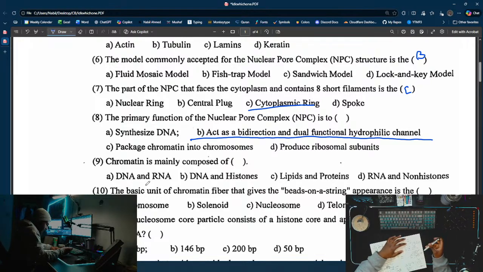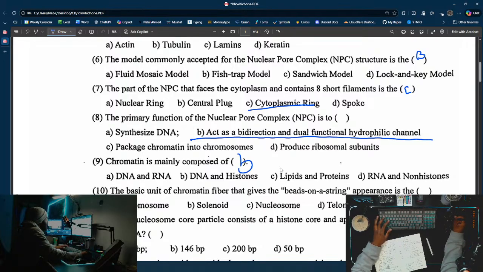Yeah. Okay. Now we have the 9th question. Chromatin is mainly composed of DNA and RNA, or DNA and histones. That's B. So, yeah. Okay, next question.